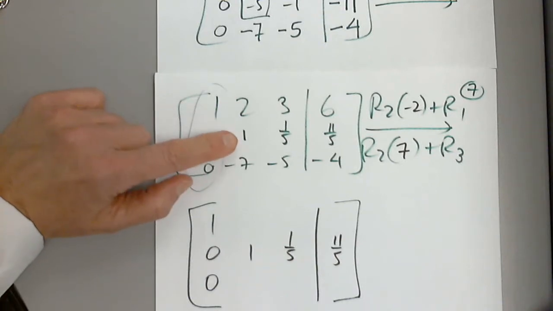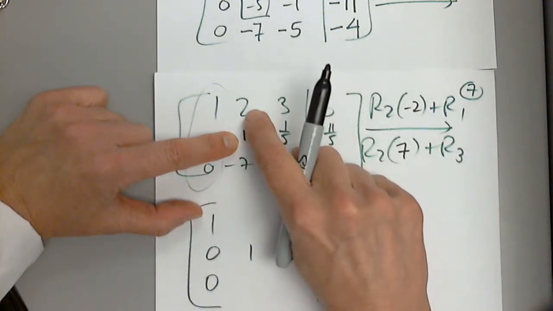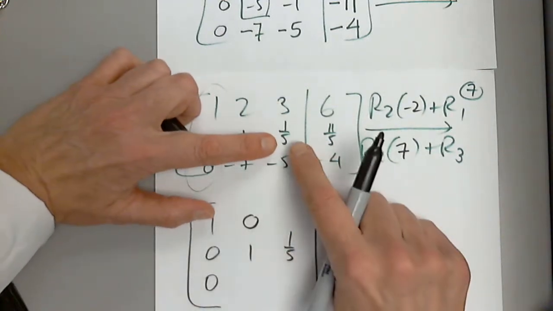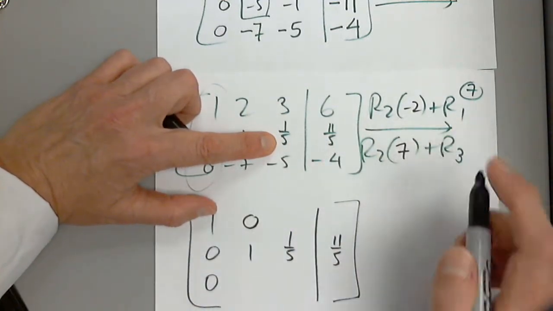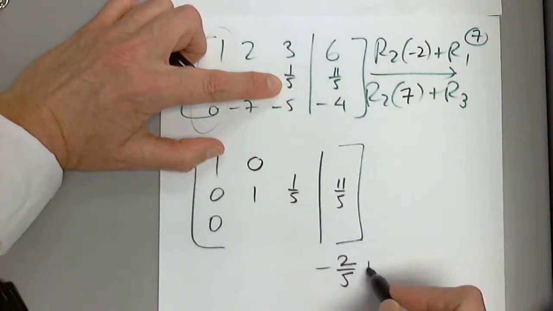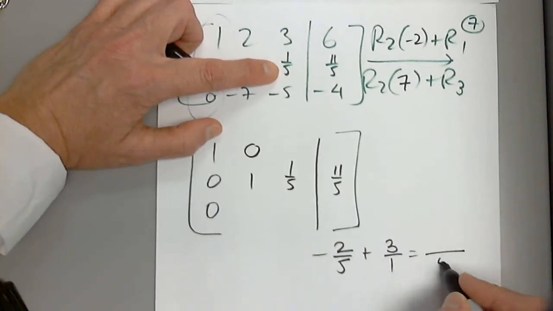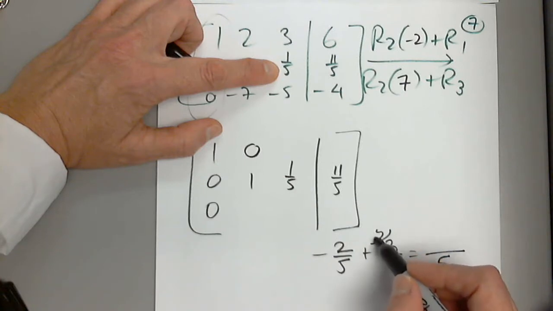So 1 times negative 2 plus 2. 1/5 times negative 2, that is negative 2/5, and I have to add 3 over 1 to it. I need the least common denominator, and I need to multiply this by 5.